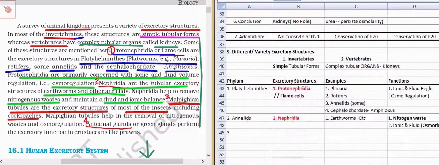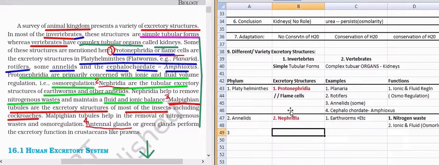So now the third one is Malpighian tubules. This is seen in the case of Arthropoda.